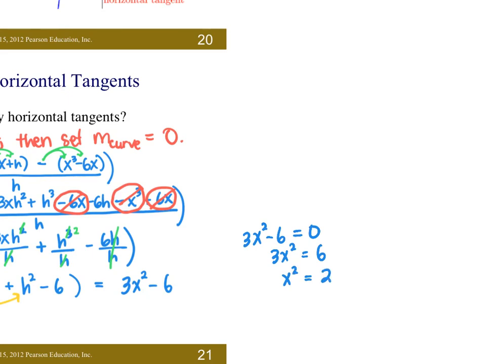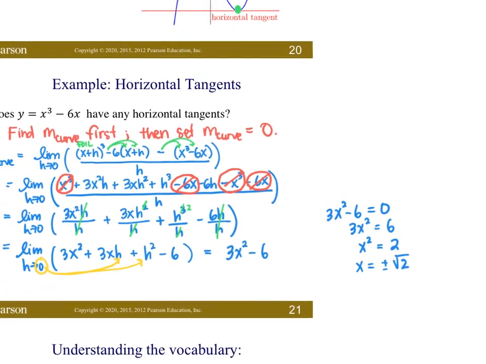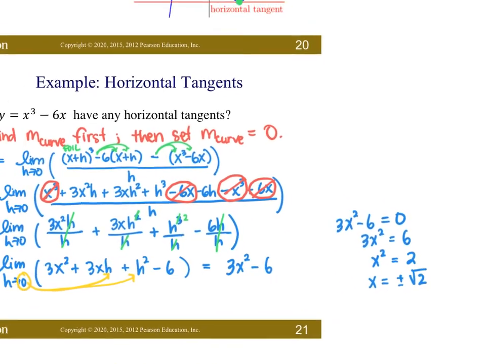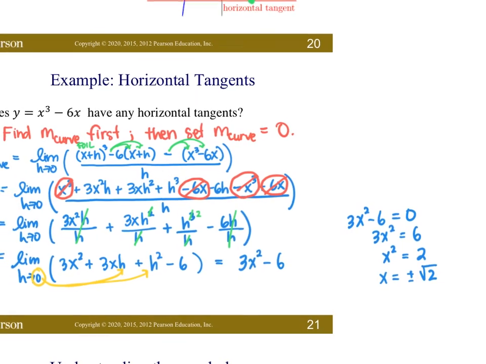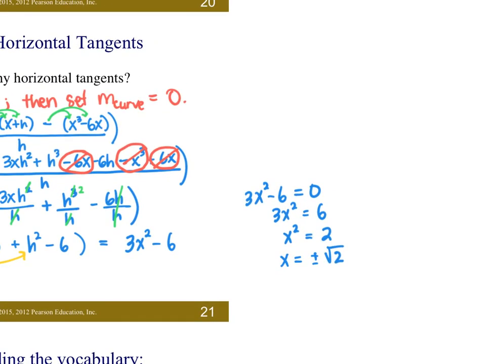And then apply not just a square root, but a plus or minus square root on both sides. So this answers the question, does the original curve have any horizontal tangents? And the answer is yes. It has 2. It will have horizontal tangents at positive and negative square root 2.